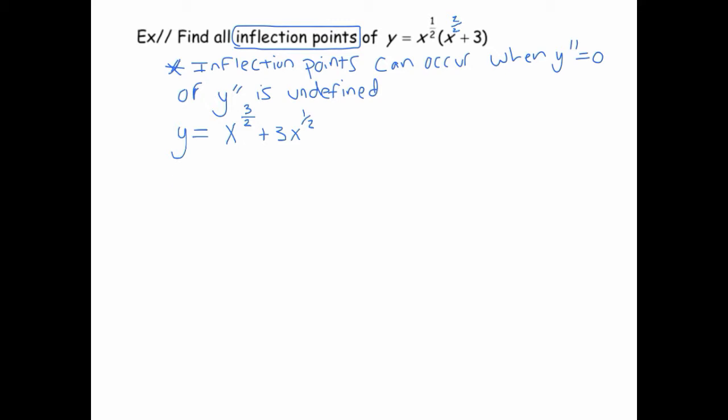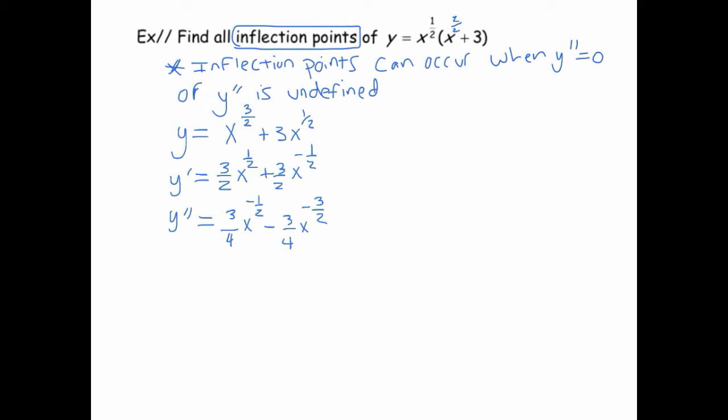So now we'll take the first derivative just using the power rule. Subtract 1 from 3/2, you get 1/2, plus 3/2 x to the negative 1/2. And now we have to take the derivative of the derivative, so this ends up being 3/4 x to the negative 1/2, minus 3/4 x to the negative 3/2.